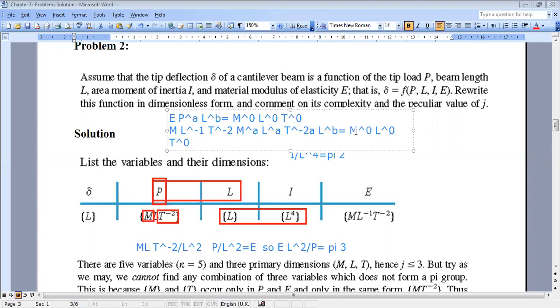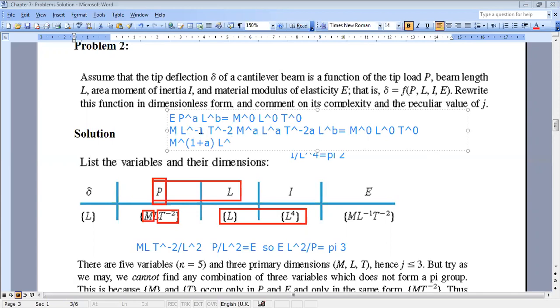And now you do comparison. Okay, so what is the dimension of M from the first side? From the first side, M is to the power 1. Here you have 1, and here you have a, so 1 plus a. Now for L, what is the power of L?